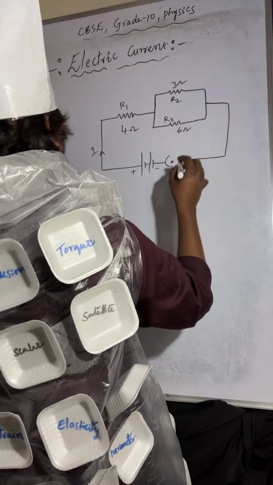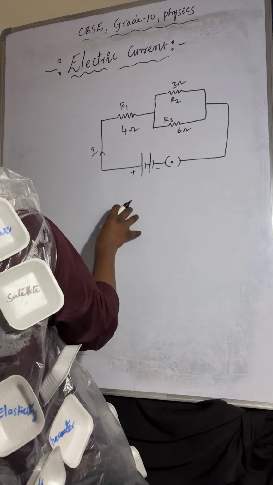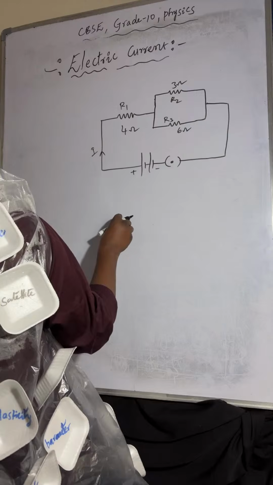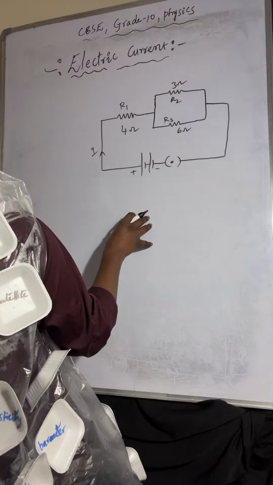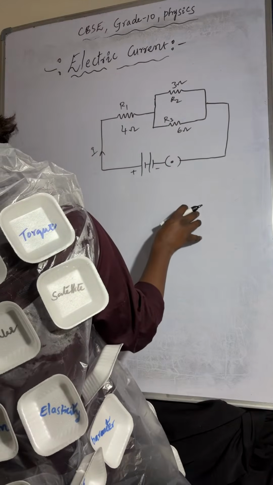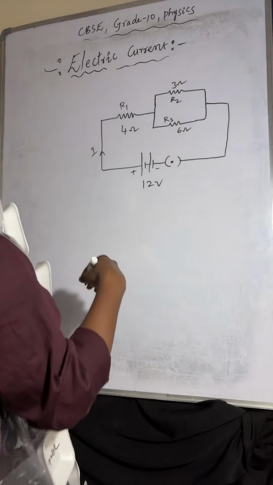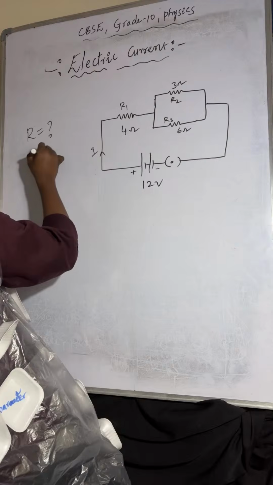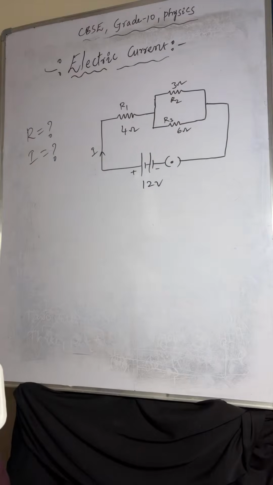The potential difference is 12 volt. Find out the overall R value and the overall current value. Can you find out? Let me know the answer.